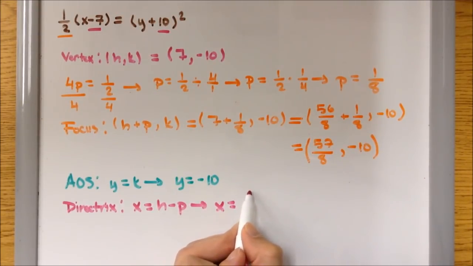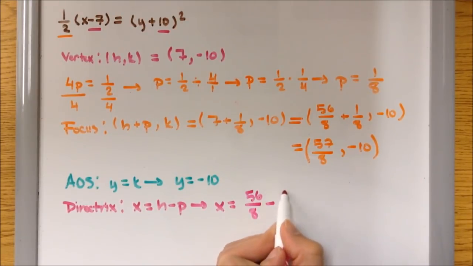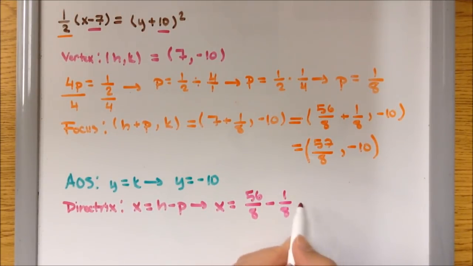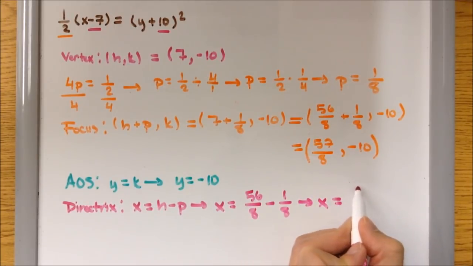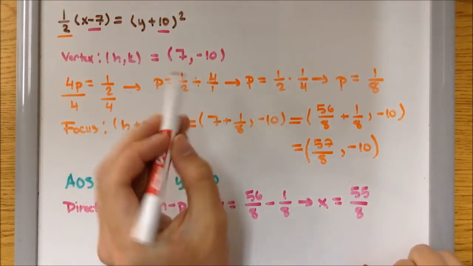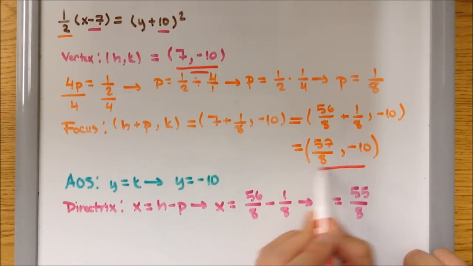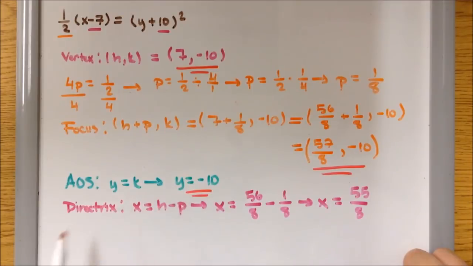So x will equal 56 over 8 minus 1 over 8. Therefore, x will equal 55 over 8. So that's going to be our directrix, and that's all we needed. So here's our vertex, our focus, axis of symmetry, and the directrix.